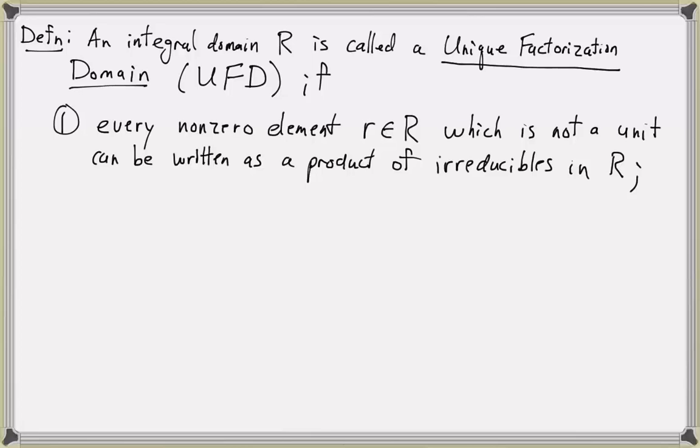Moreover, the factorization is unique up to associates. So that's the second condition.